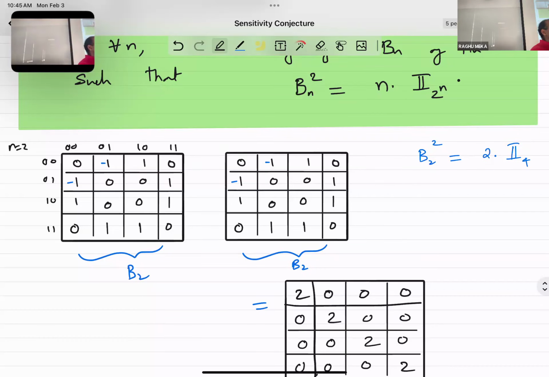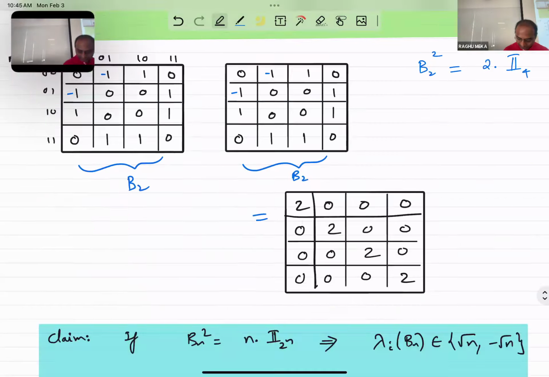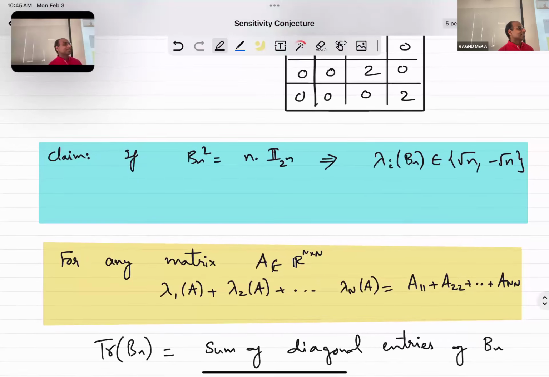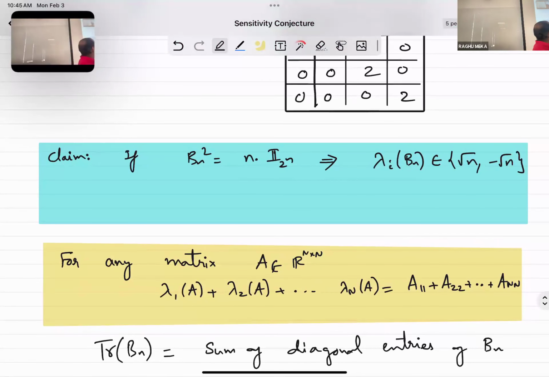So every diagonal entry is actually 0. So when you add them all up, you should get 0. Now we have 2 facts about the eigenvalues of Bn. They're all either square root n or minus square root n. And the sum of all of them is 0. So what should happen? How many plus root n's and how many minus root n's should I have?